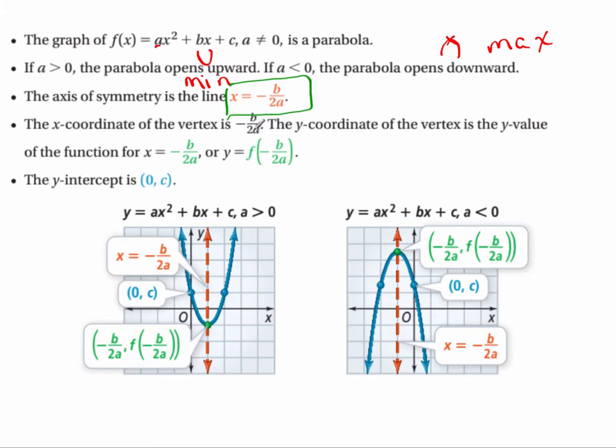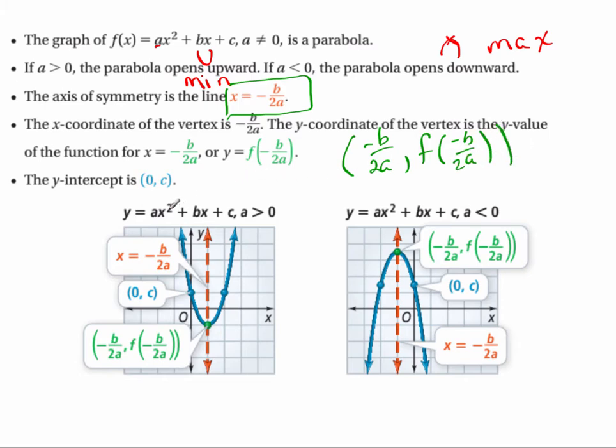So it's minus b over 2a. And the y-coordinate is the function evaluated at x equals minus b over 2a. So a lot of times we'll write this as parentheses minus b over 2a, and then the function evaluated at minus b over 2a.